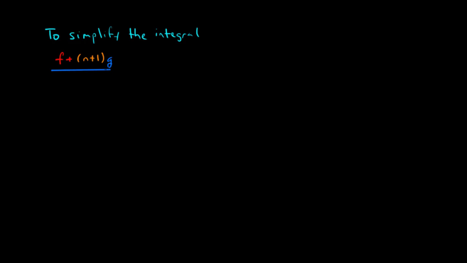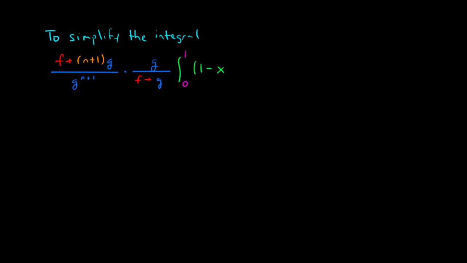But again, we have f plus n plus 1g all over g to the n plus 1 times g over f plus g times our integral from 1 to 0, (1 minus x to the g over f plus g), close parenthesis, all to the power n dx.